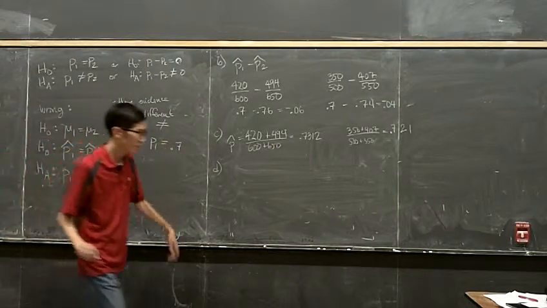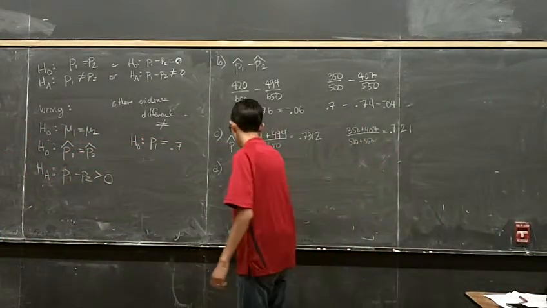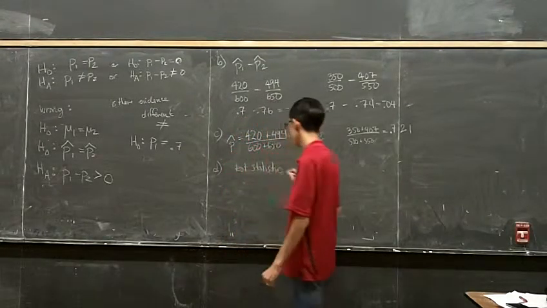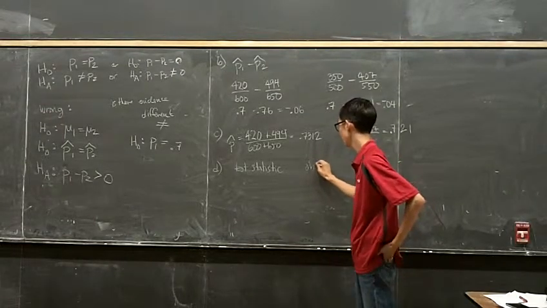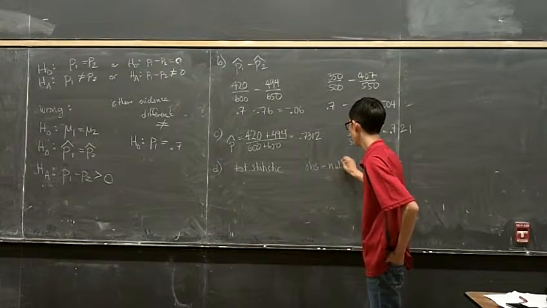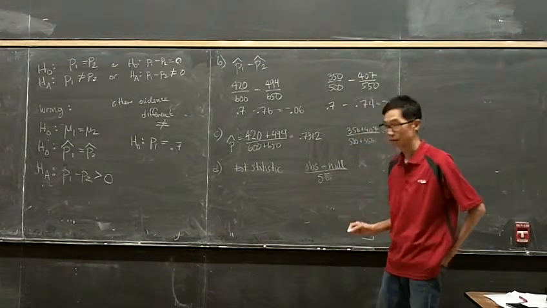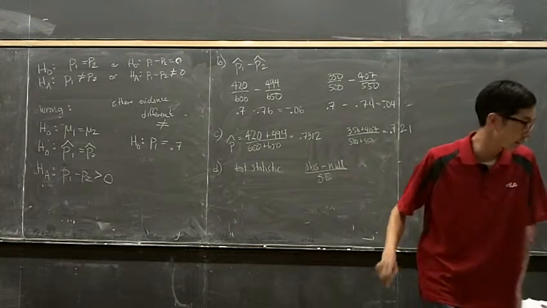Mm-hmm. All right. And then it says, what is the test statistic? The test statistic requires that you figure out your observed value minus what's in the null hypothesis, divided by the standard error. So once you get this p hat, you've got to figure out your standard error.